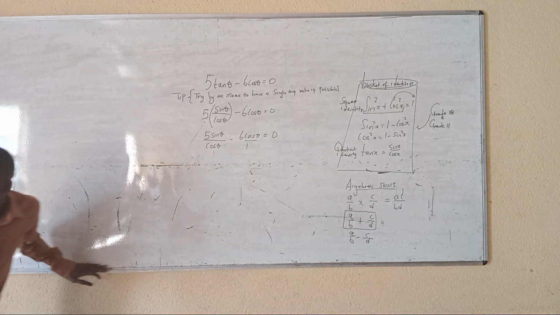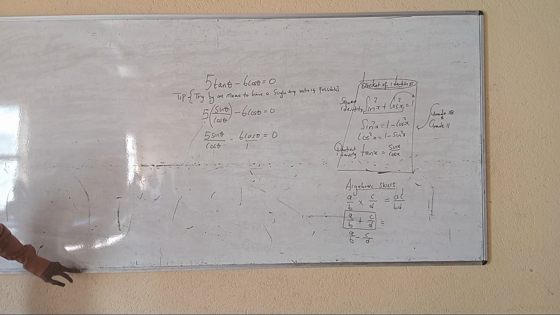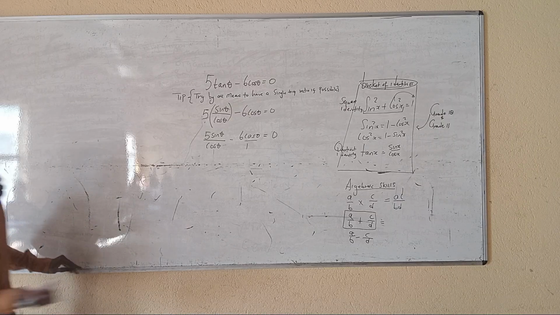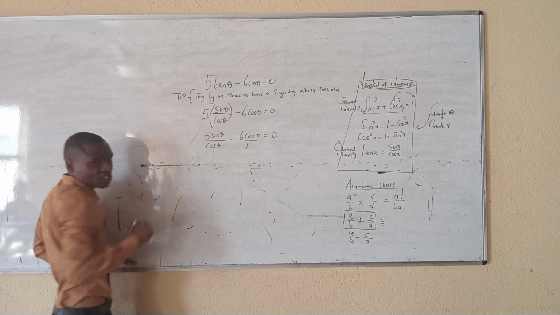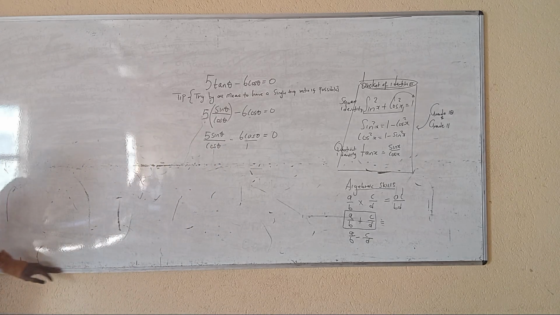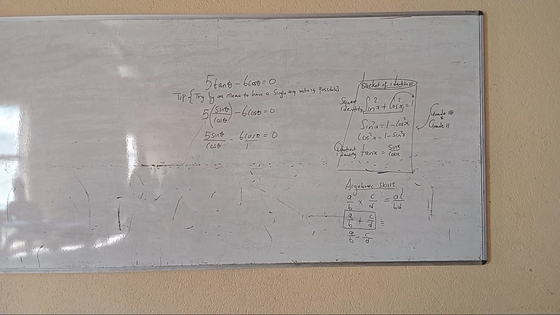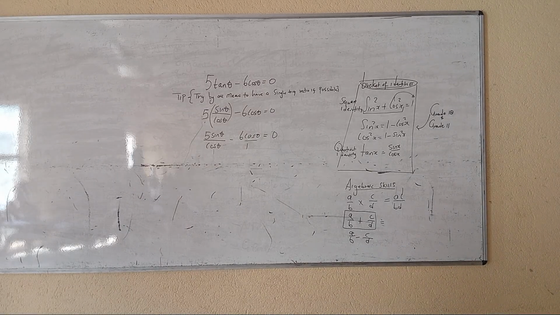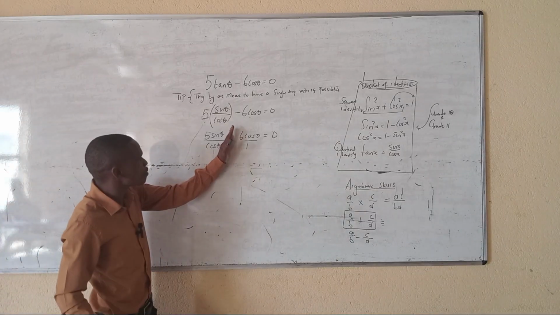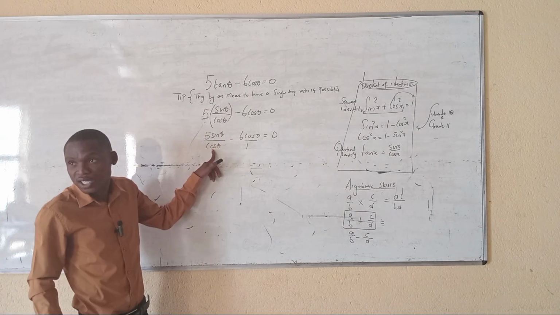On the left only, pay attention. You've got two fractions on the left. You want to subtract these two fractions. You can only subtract if the denominator is the same. A very important skill in maths. Now, I see that my denominator is cos theta.